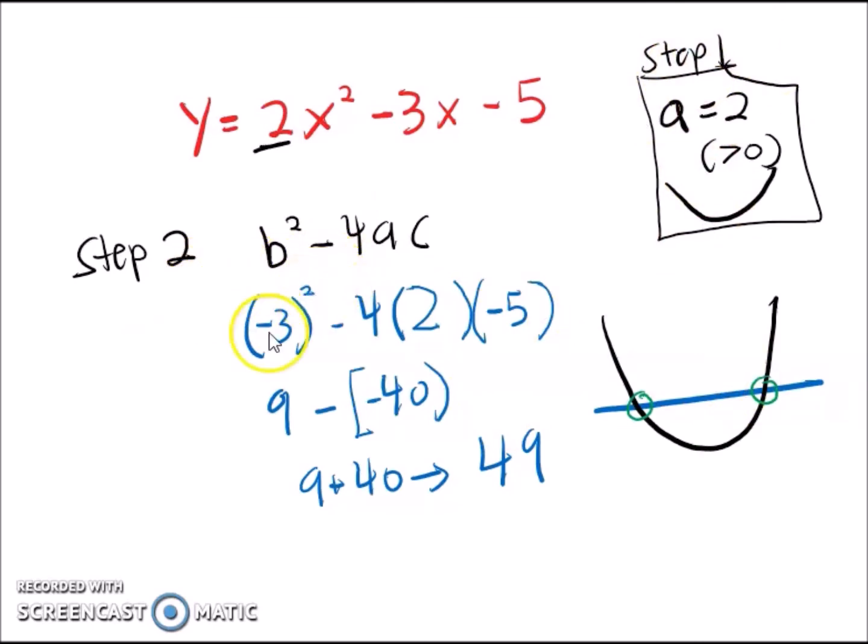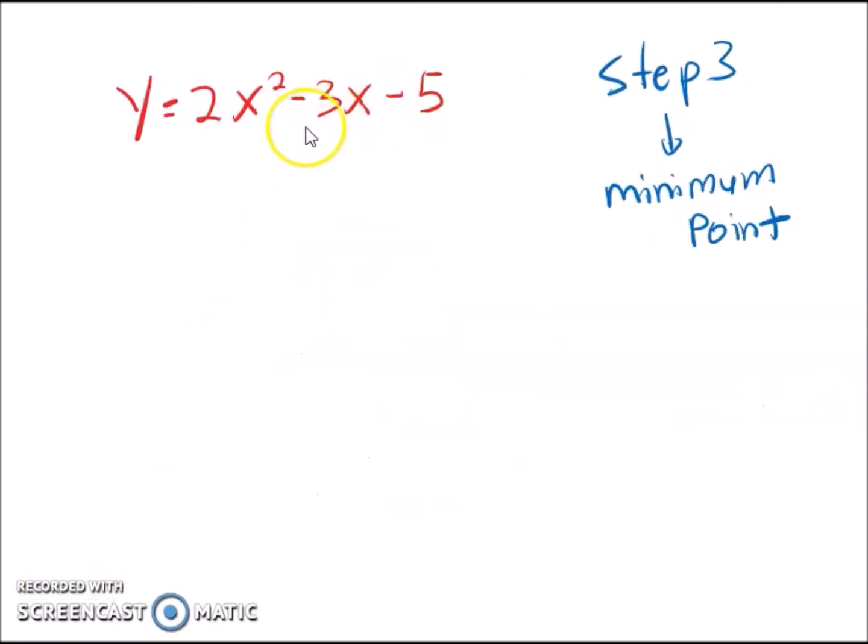Next we are going to step 3. This is our step 3 to find the minimum point. Now we factorize the 2, x squared, and then we have 3 over 2 x and 5 over 2.